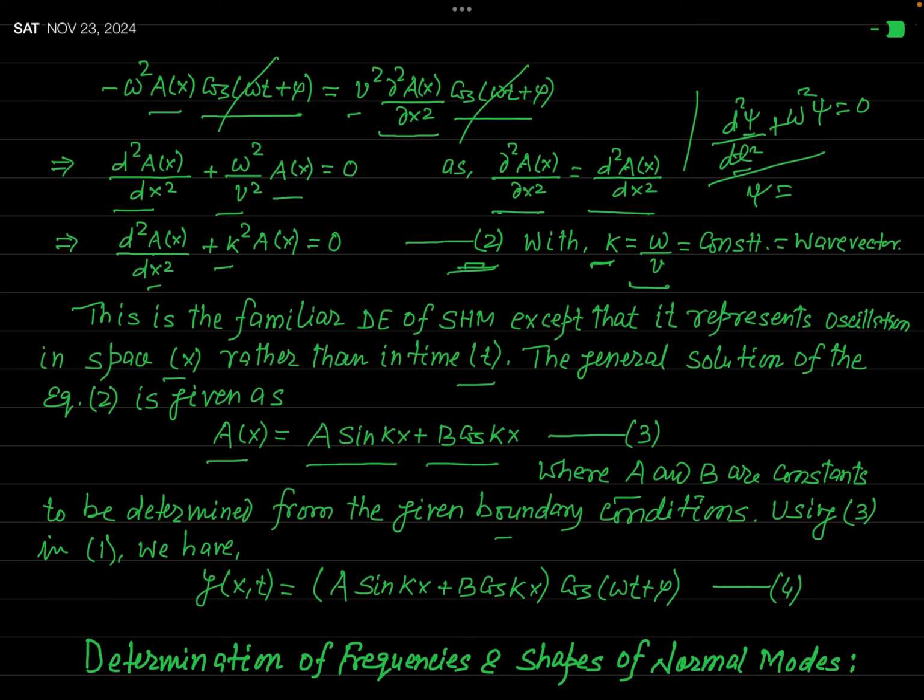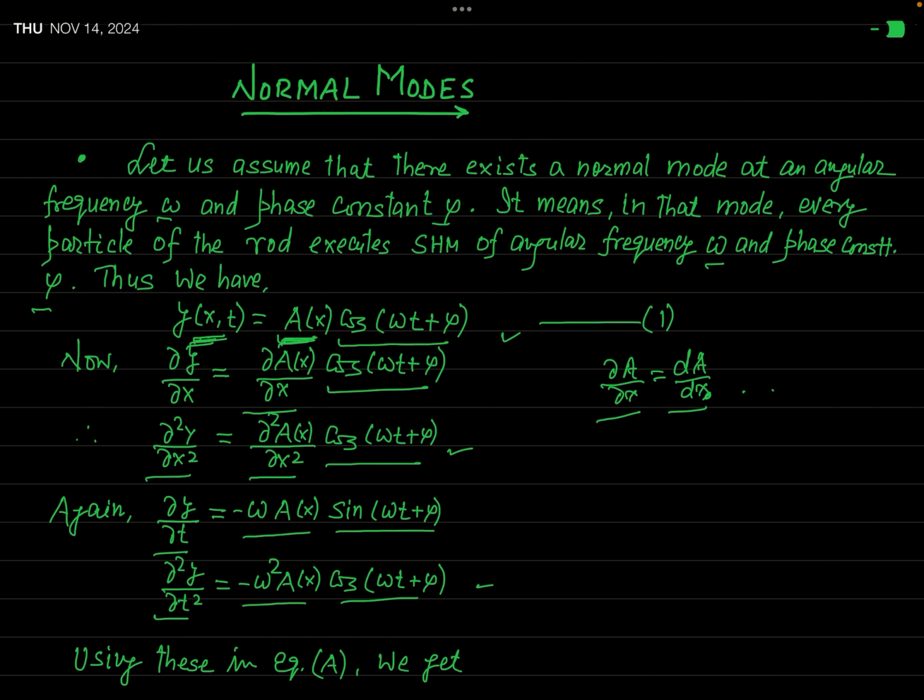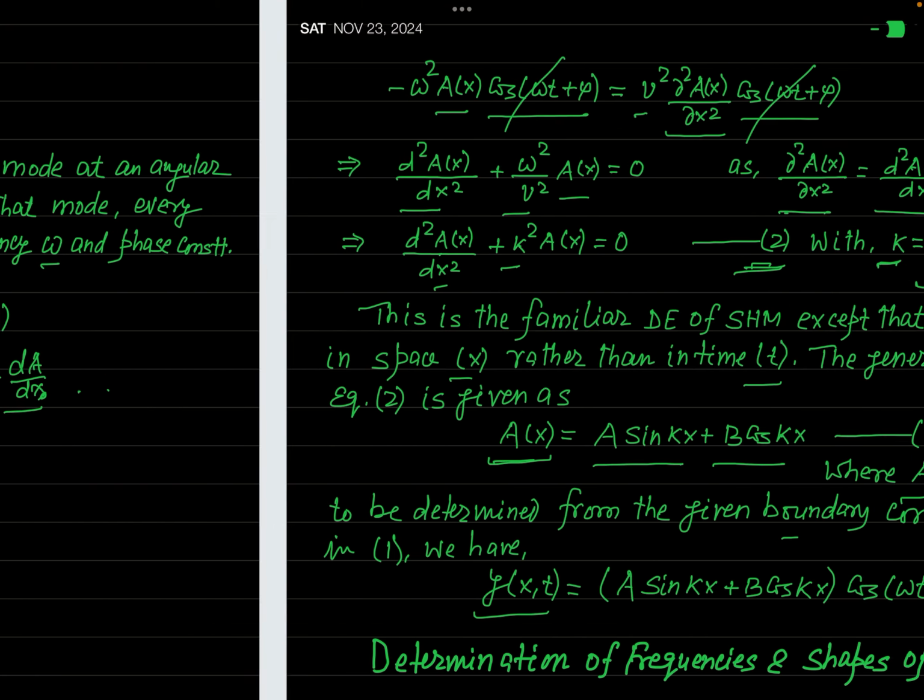Now, after getting this value of A(x), which is the amplitude of vibration, you can write the expression for the general displacement of the rod, represented by y(x,t). You have defined it in equation 1 as A(x) cos(ωt + φ).